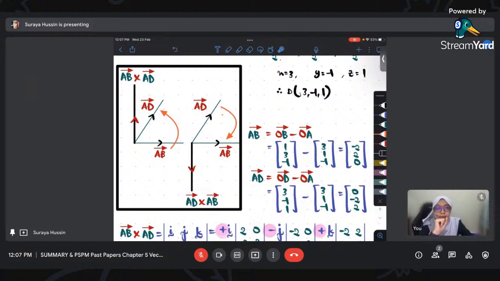Okay, satu soalan adalah adakah magnitude dia berubah untuk dua ni? One is going up, another one is going down. Okay, this is going up. Another one is going down. Everybody, one is going up, another one is going down.